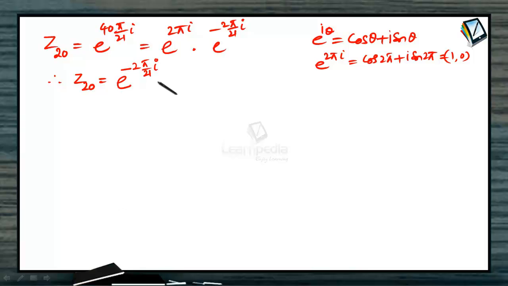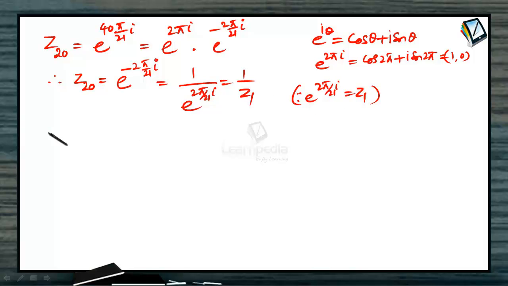I can write this negative exponent as 1 by e to the power of 2 pi by 21 i, and e to the power of 2 pi by 21 i is nothing but z1. So I will replace this with 1 by z1. Hence we can conclude z20 is equal to z1 bar, the conjugate of z1.